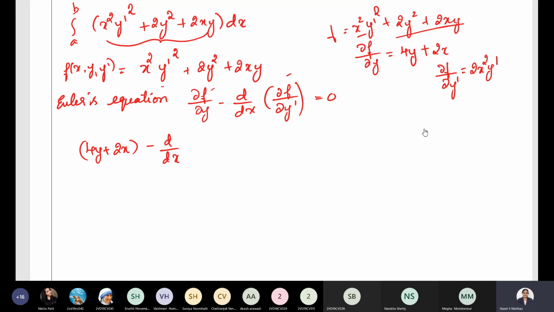Partial differentiation concept we are applying here. So we get d/dx of 2x² y' equal to 0. This is what we get after we substitute in Euler's equation.